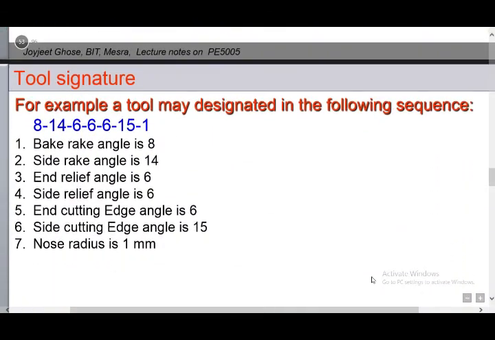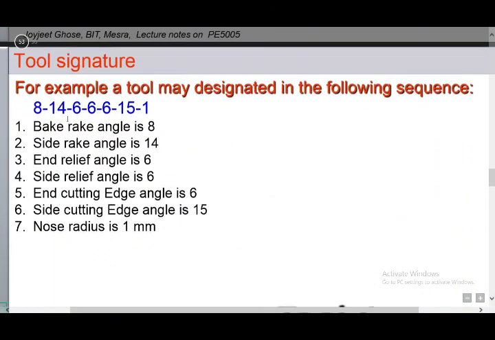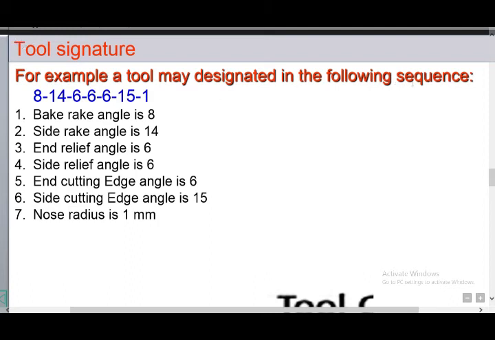This is called the tool signature. 7 numbers are there: 1, 2, 3, 4, 5, 6, 7. These 7 elements are called the signature of a single point cutting tool.